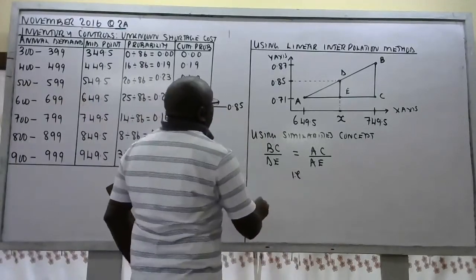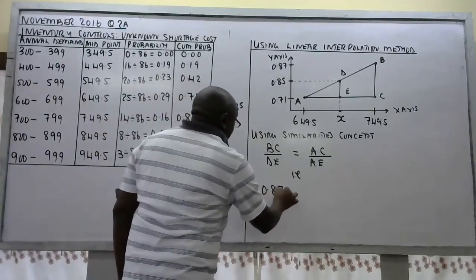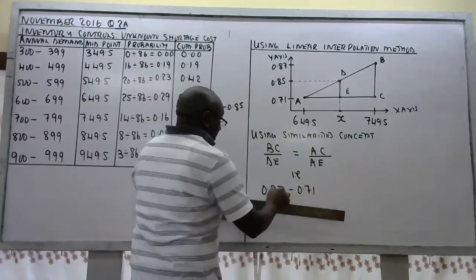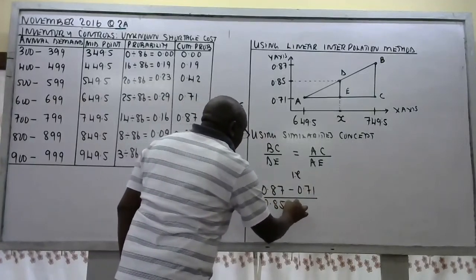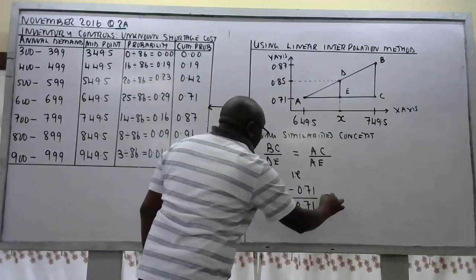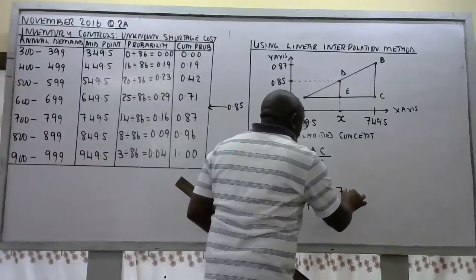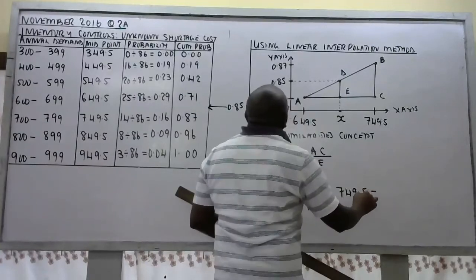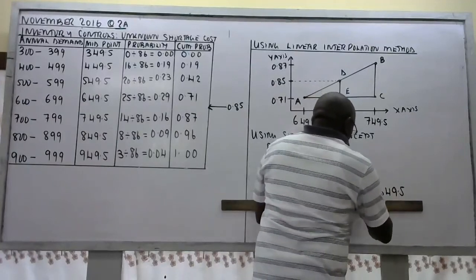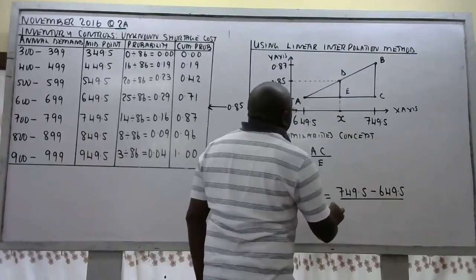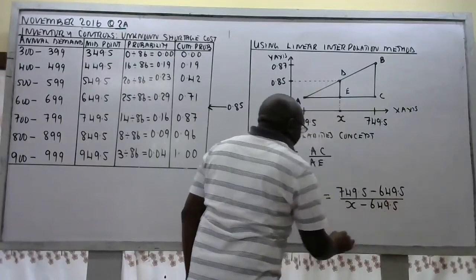Now, I was supposed to say 0.87 minus 0.71. If you divide by 0.85 minus 0.71, it should give you 749.5 minus 649.5, which you divide by x minus 649.5.